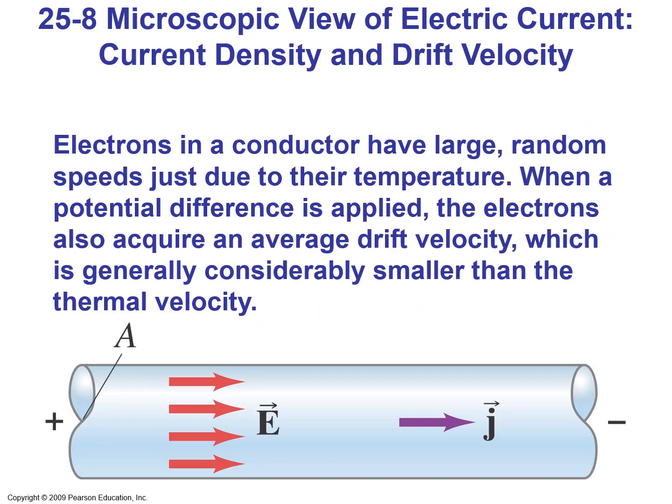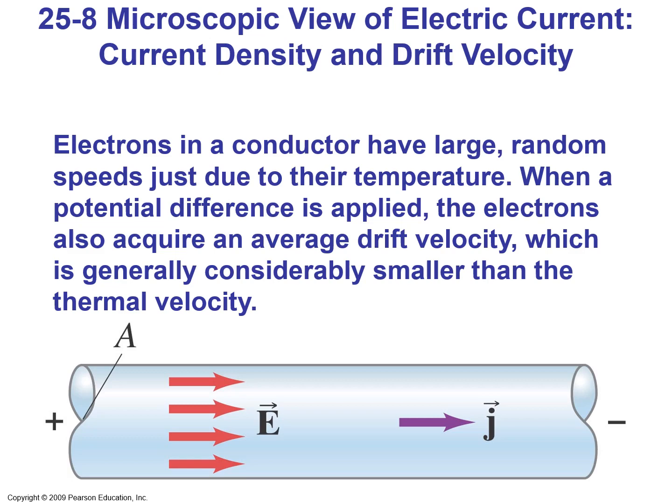Section 8. Microscopic view of electric current and drift velocity. Electrons in a conductor have large random speeds just due to their temperature. When a potential difference is applied, the electrons also acquire an average drift velocity, which is generally considerably smaller than the thermal velocity.